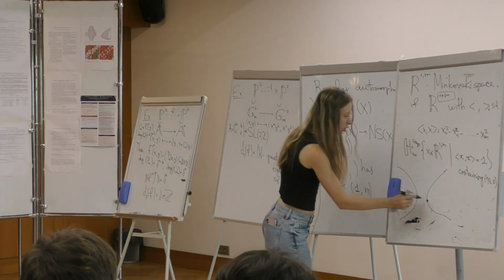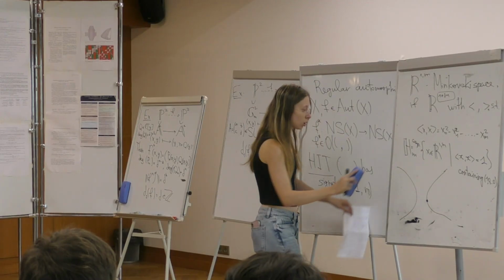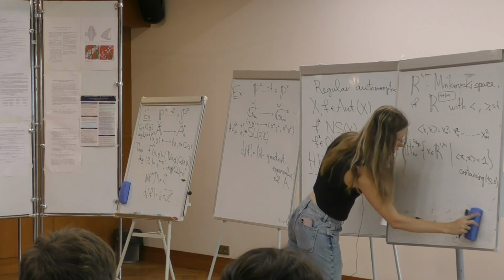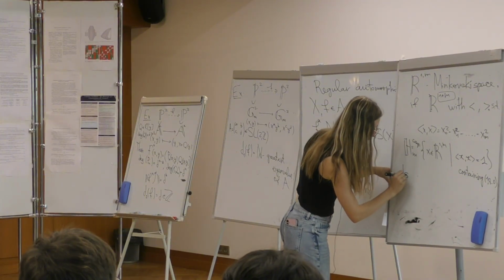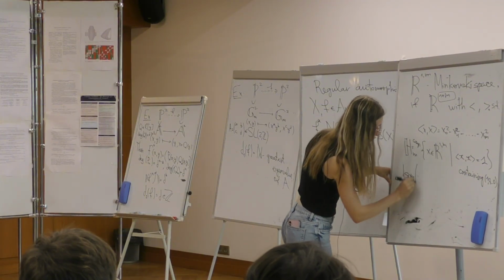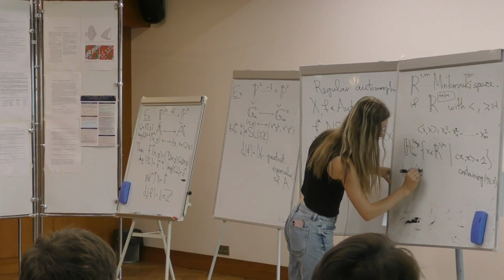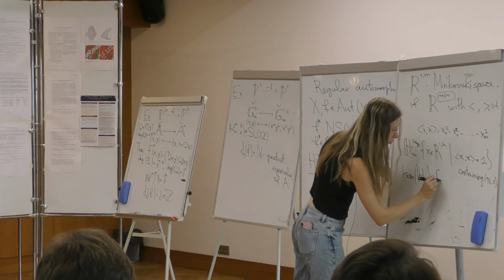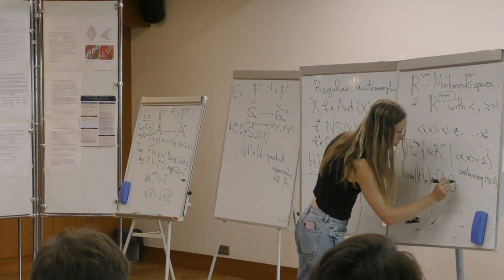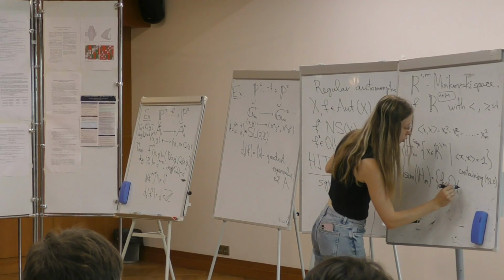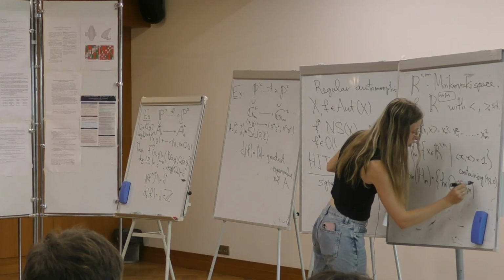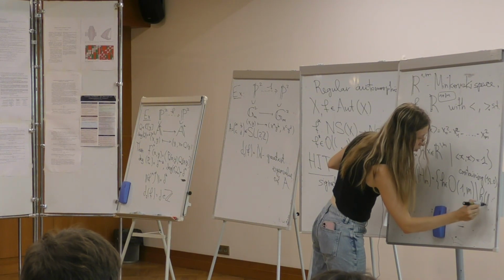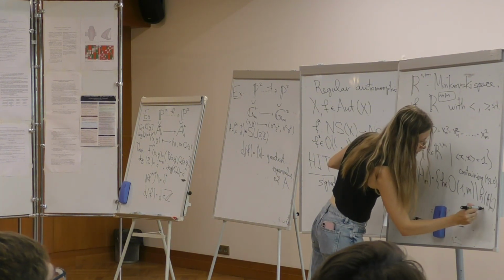That is why we are interested in the group of isometries of H^m, which is the group of all h inside O(1,m) such that h of H^m is itself.